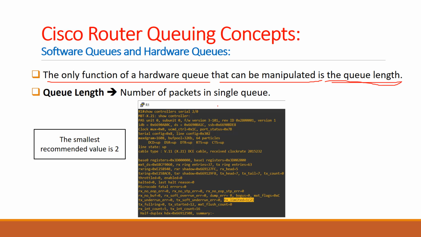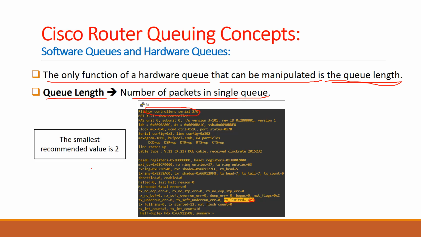So the only function of a hardware queue that can be manipulated is the queue length. This queue length is the number of packets in a single queue. How do you know the queue length of a specific serial interface? You can use this command: show controllers serial and the interface. Let's assume it is 2/0. Down there you can find the queue length, which is 2.